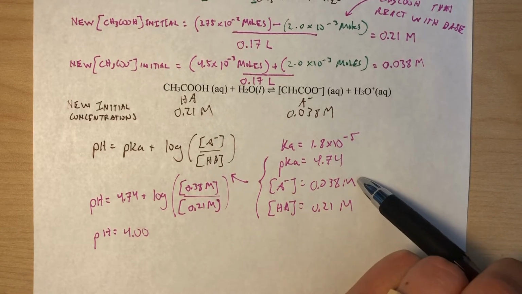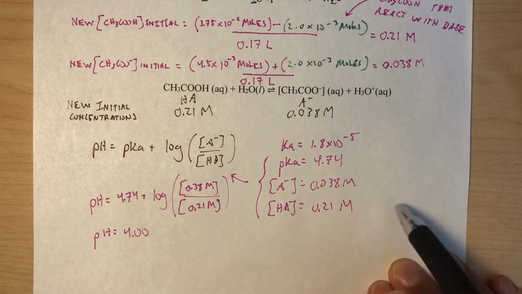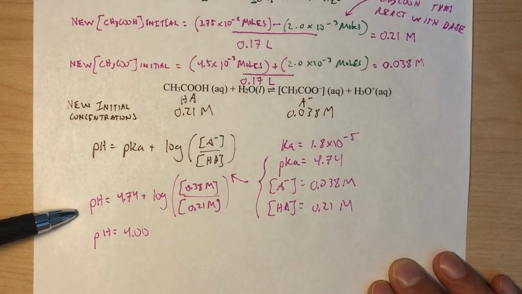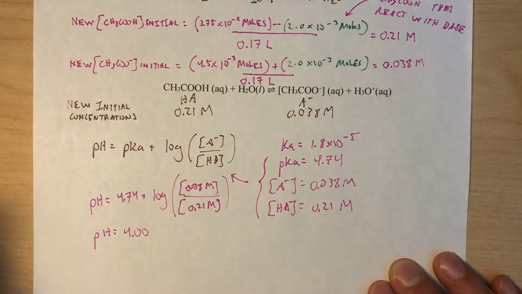Our concentrations of A minus, acetate, and HA, acetic acid, are now known because we just calculated them. So we can now calculate pH using the Henderson-Hasselbalch equation. We get 4.74 plus the log of 0.038 molar divided by 0.21 molar, and we get a pH that's equal to 4.